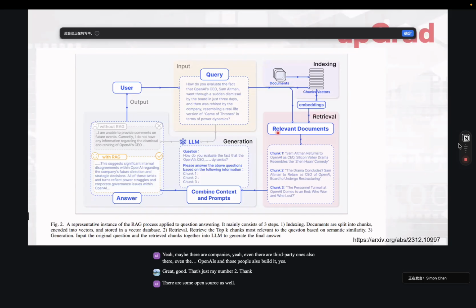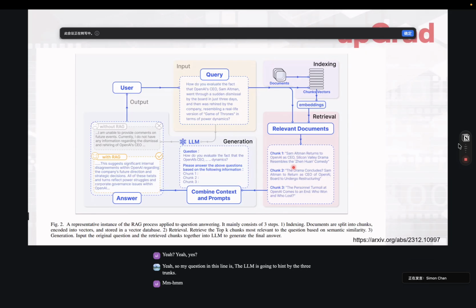Thank you. And the last one is about the chunks. So I'm imagining RAG is given the exam from closed book to open book. That is what you have described. Yes. So my question in this line is, the LLM is going to be hinted by the three chunks retrieved by the index vectors before the LLM answers the whole question.